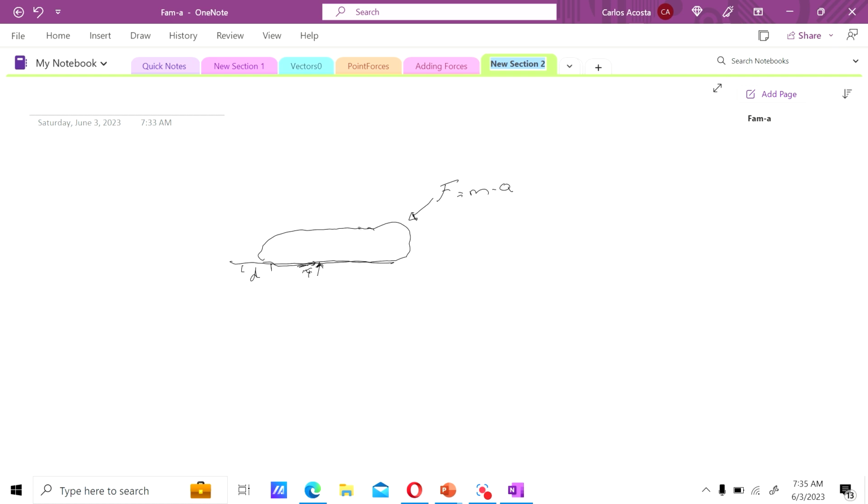Depending on whether you want to compute the stress or the strain, we'll talk about those later in this class, you want to know what the material properties of the helicopter are. It's probably aluminum.